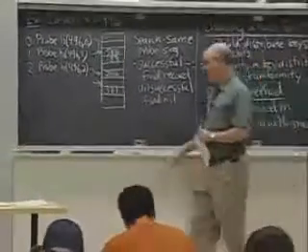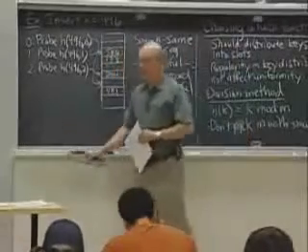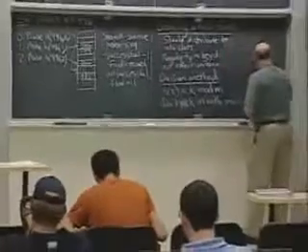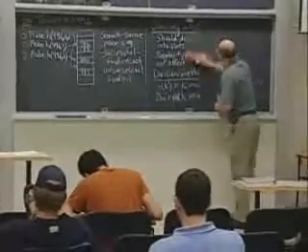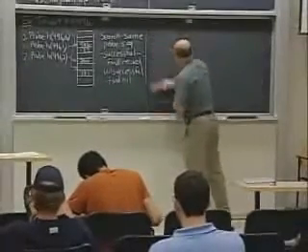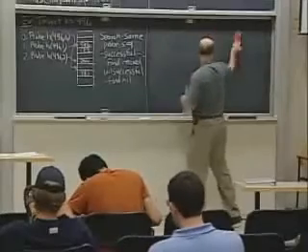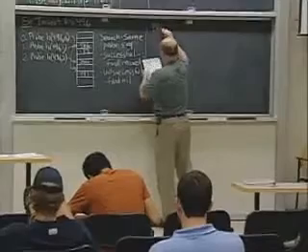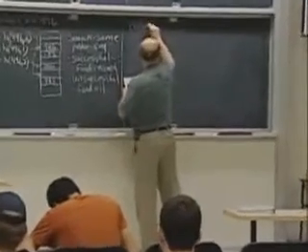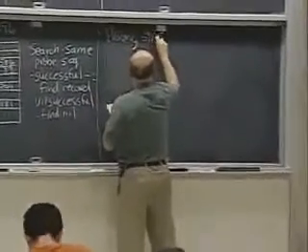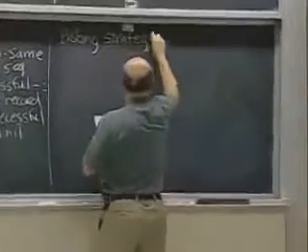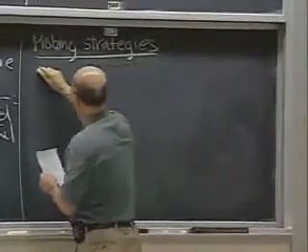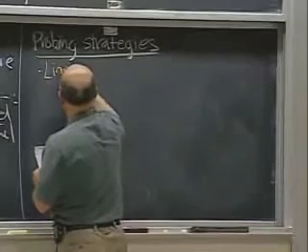So once again, as with hash functions to begin with, there are a lot of ideas about how you should form a probe sequence, ways of doing this effectively. Okay, so the simplest one is called linear probing.